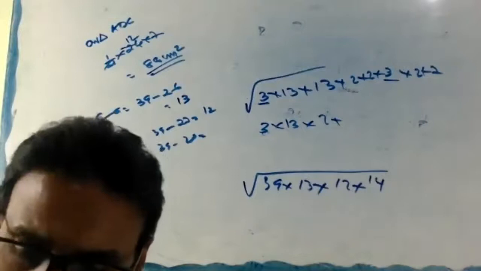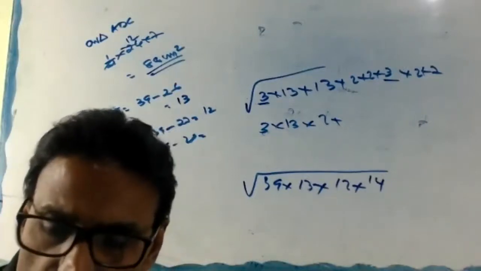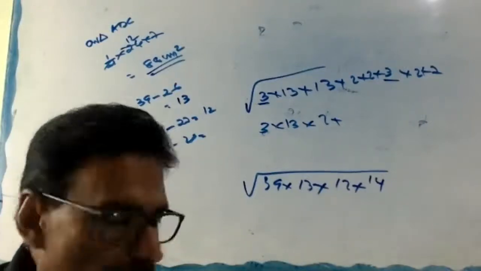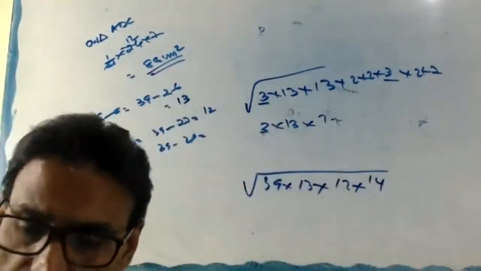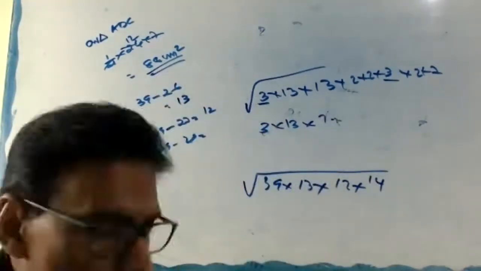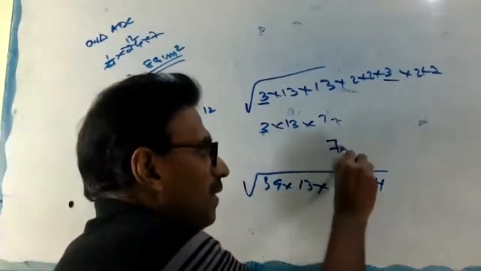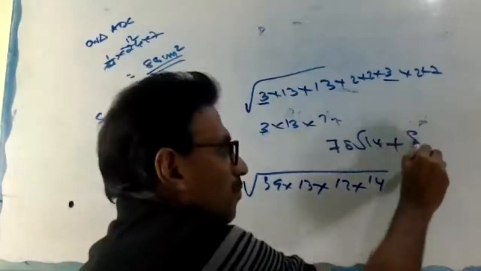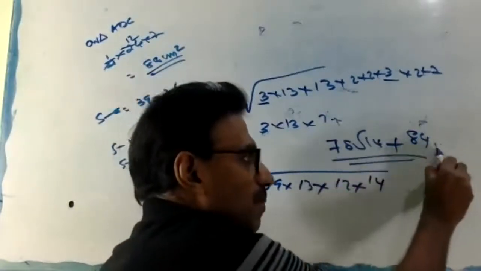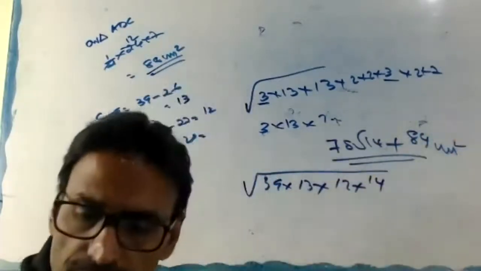After that, you write this plus 84. You'll get 78 root of 14 plus 84. We cannot find out this one, just keep it there.